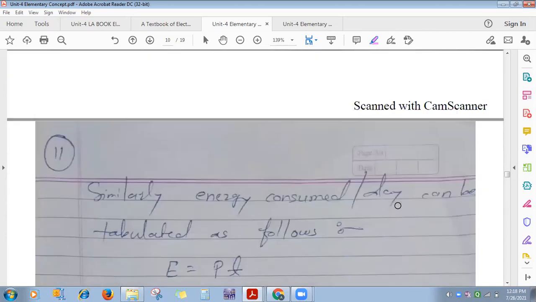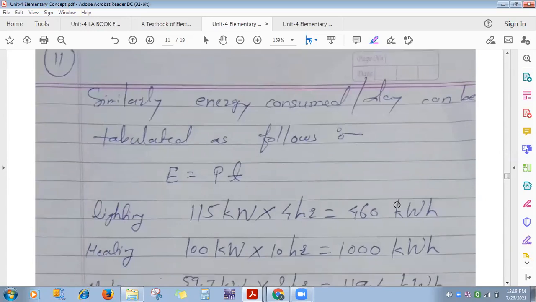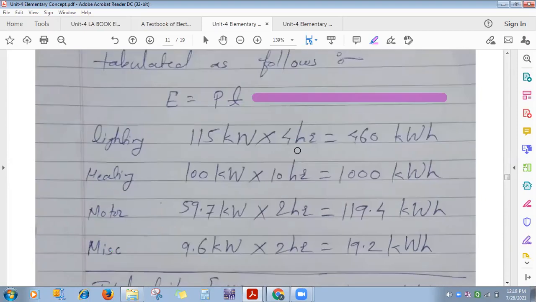Now for how much duration they are on, that we'll see. Energy is equal to power into time, and we want the energy consumed in kilowatt hour for 5 days. So per day, what is given? The lighting load is on for 4 hours, the heating load is on for 10 hours per day, and the rest, motor and miscellaneous, are on for 2 hours per day.